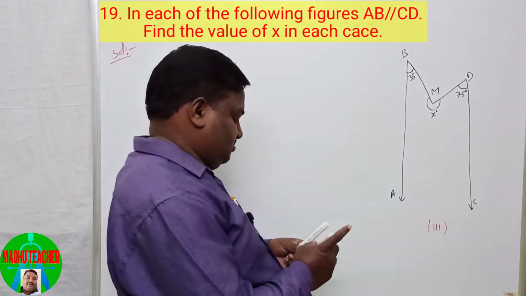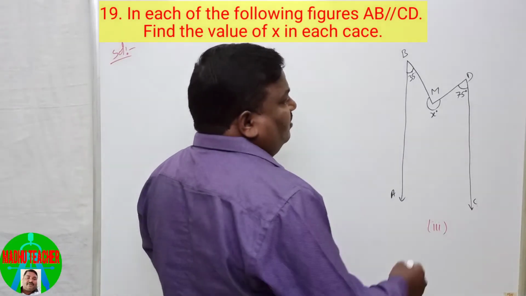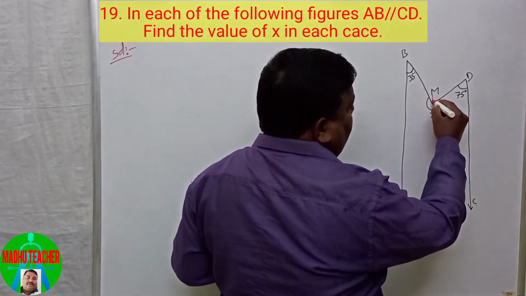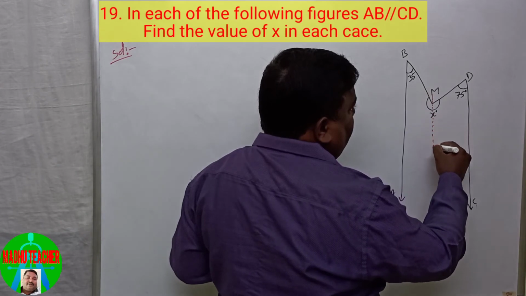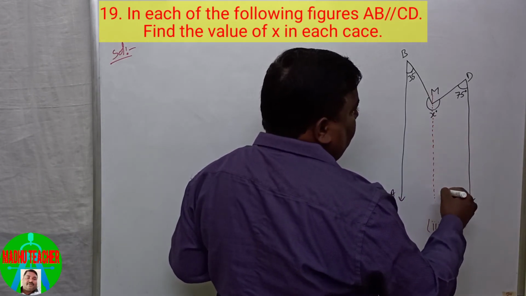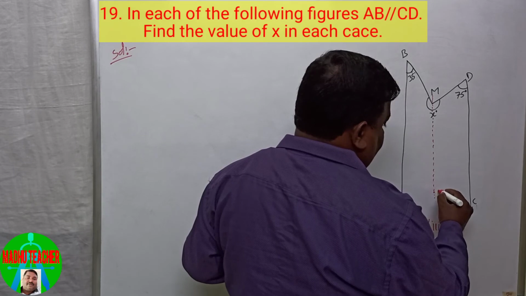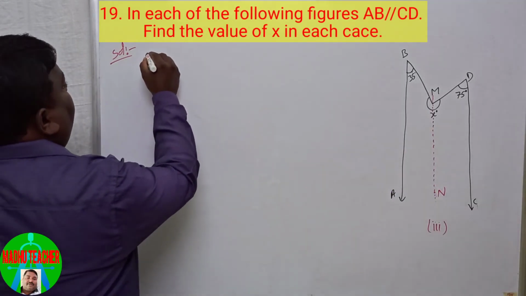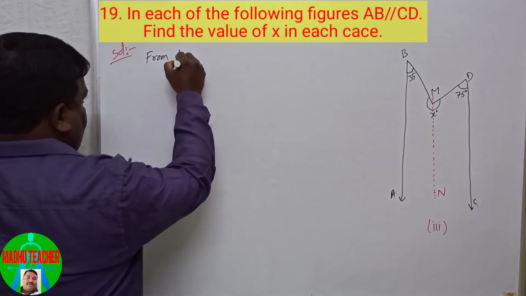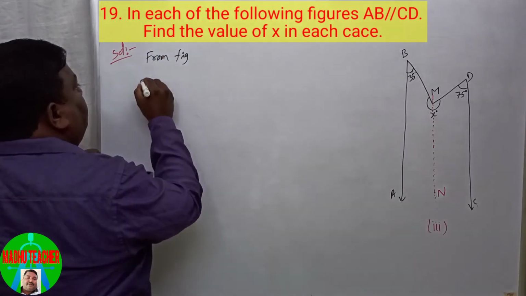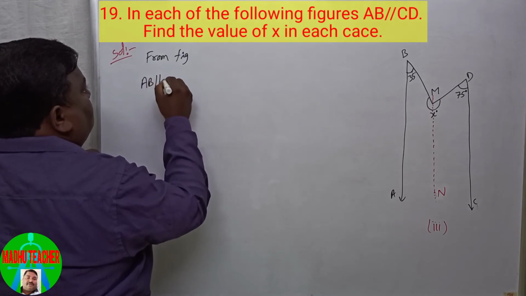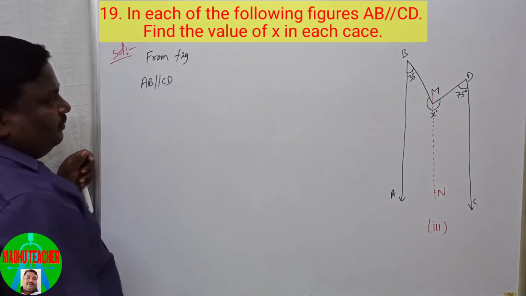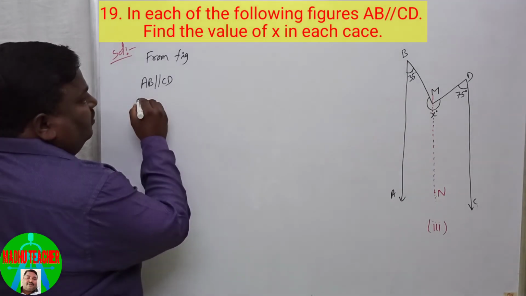To find x, in the same way as we did in the previous figure, draw a line parallel to AB and CD through M. Suppose let it be N. So given from the figure, AB parallel to CD and we have some values.